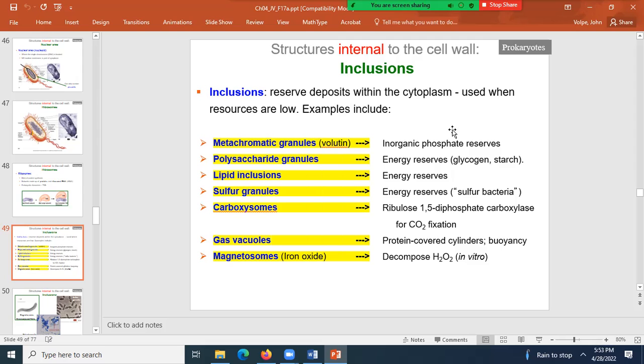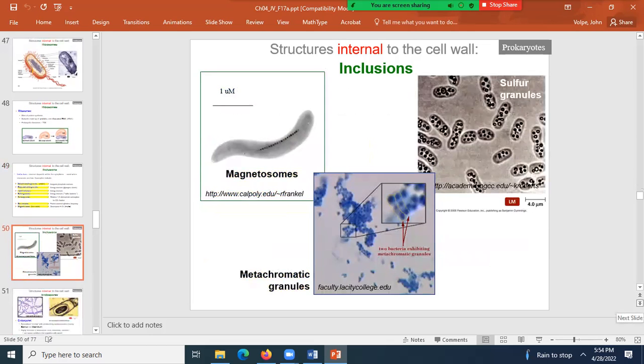There are different types of inclusions, and that's all you need to know. You don't need to know the different types, just know there are different types, depending on what molecule makes up the inclusions. Let's take a look at some inclusions. Magnetosomes, right there.